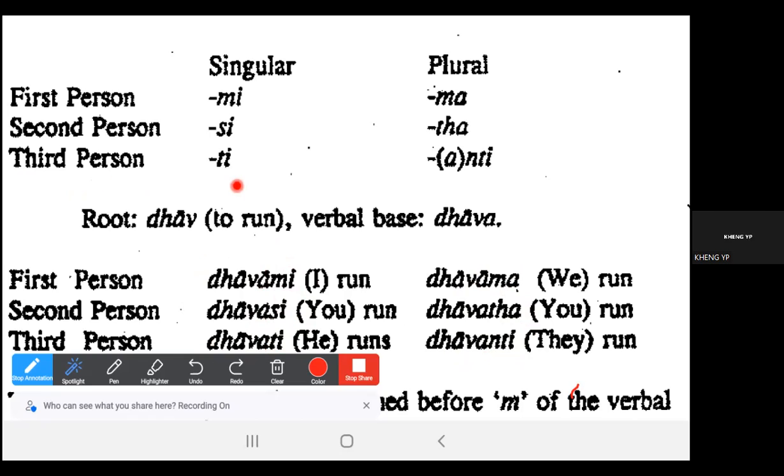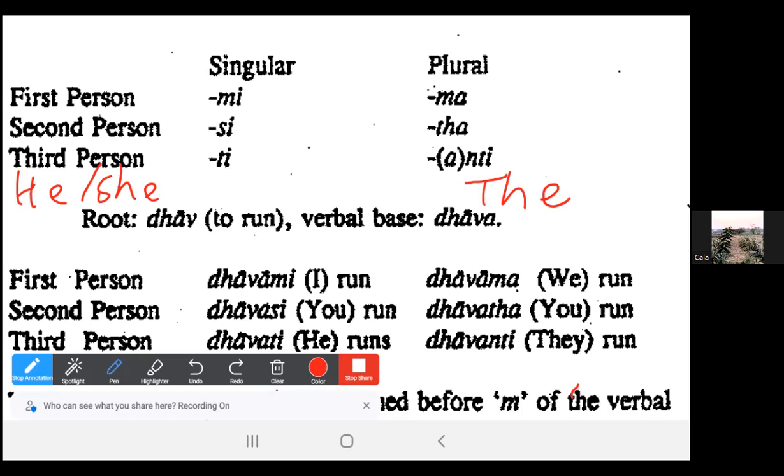Okay. So we look at the third person, ti. Who is the third person? Third person means he, she, it, and then plural will be they. So if you've got a pen and pencil, write down in your book: he, she, it.